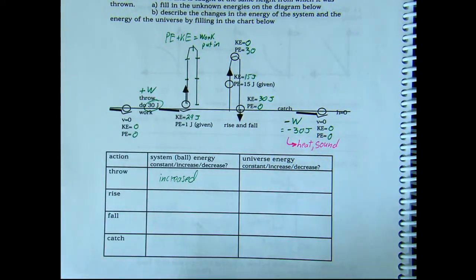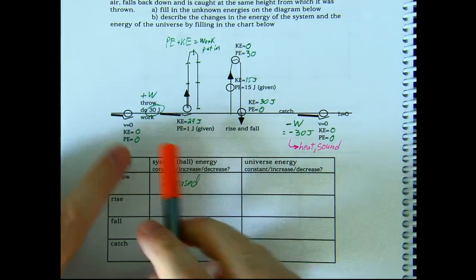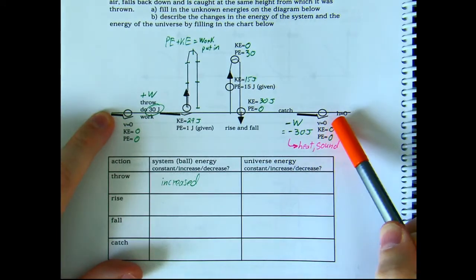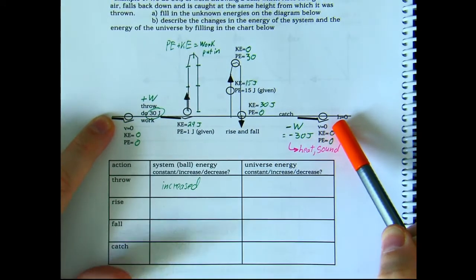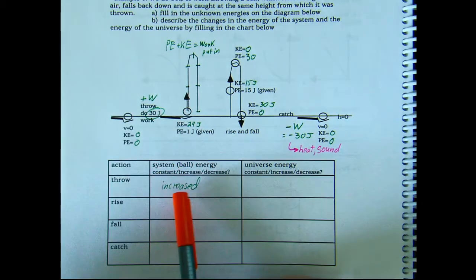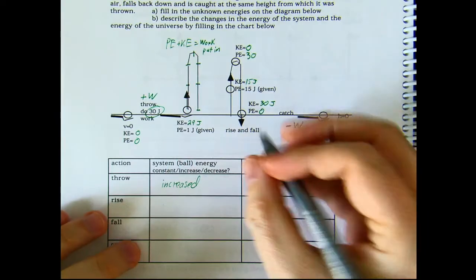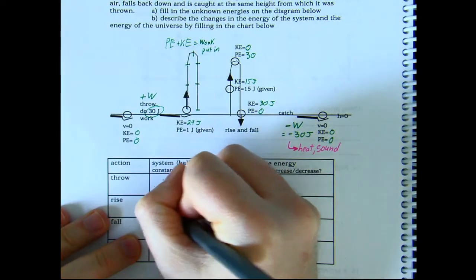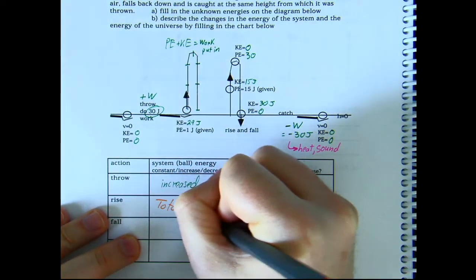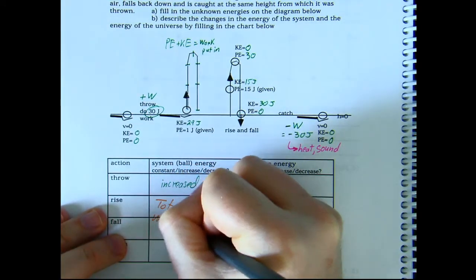So if we look at our system here, was energy conserved? Well, not really. If we consider the ball's energy, we threw it, so it increased. As it rose and fell, the total energy was constant.